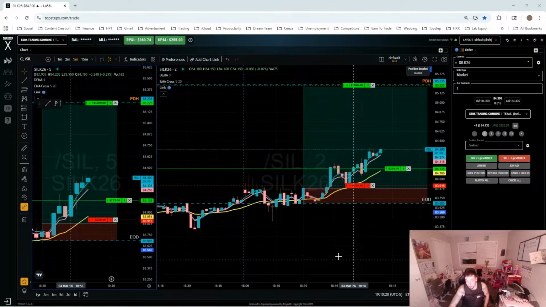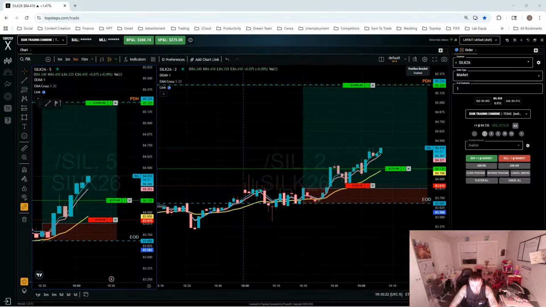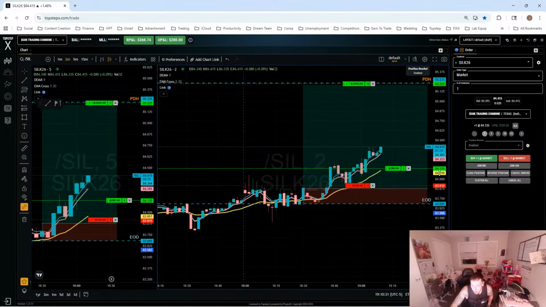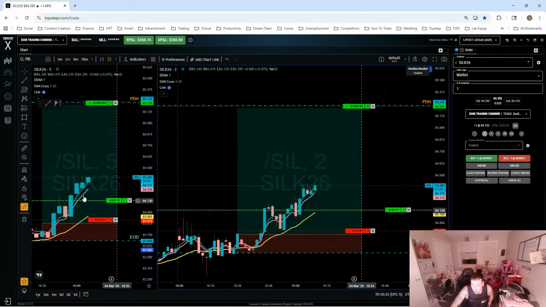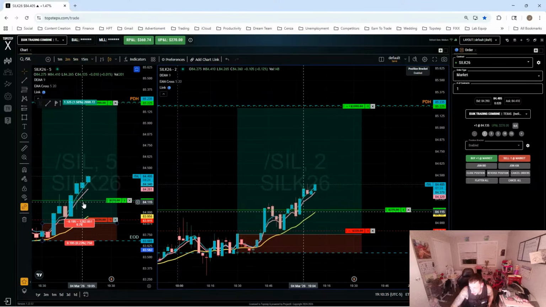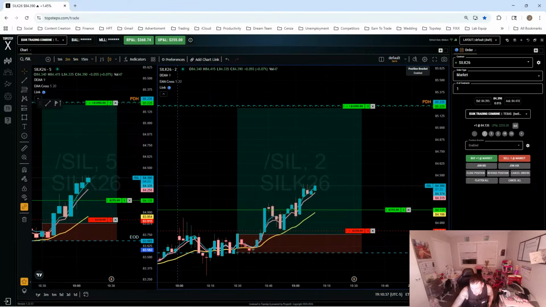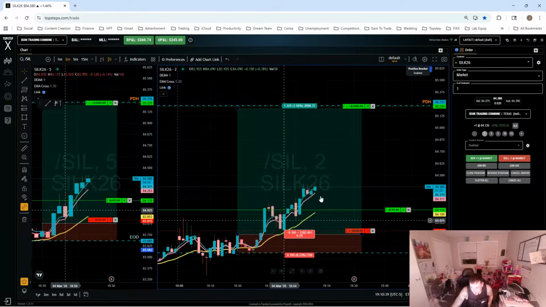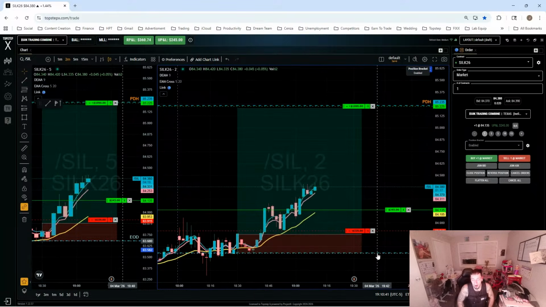There we go. Same thing. Look at that push. Look at that. And that trend's healthy. That's healthy. Yeah, NQ off that 20 is definitely good. All right, hold up.